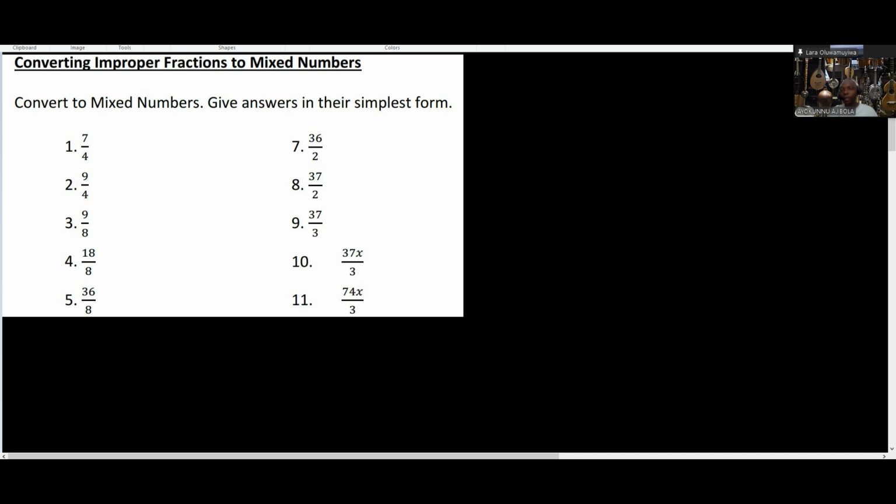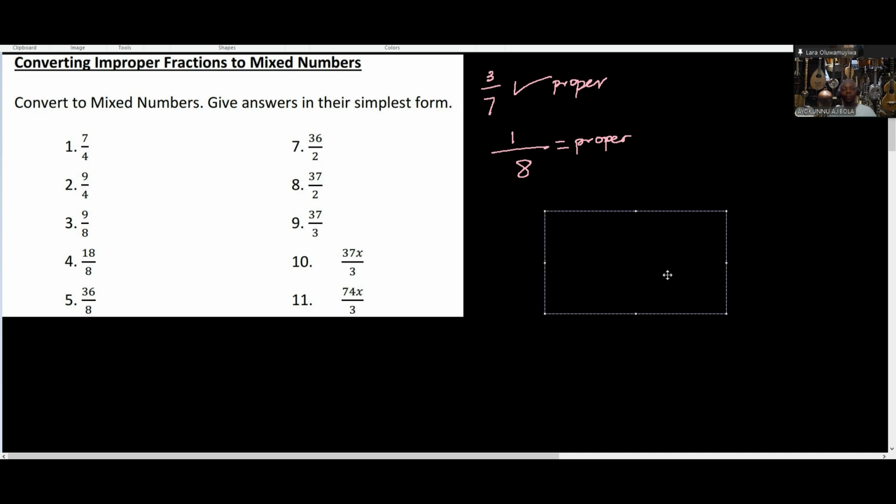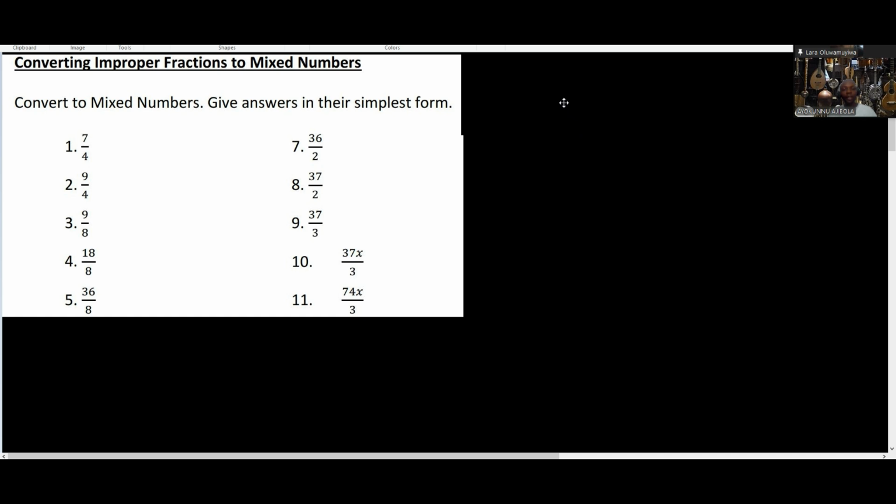You should remember that when fractions are proper, like a small number over a big number, this is proper. Okay? But if we have a big number sitting on a small number, that's unfair.